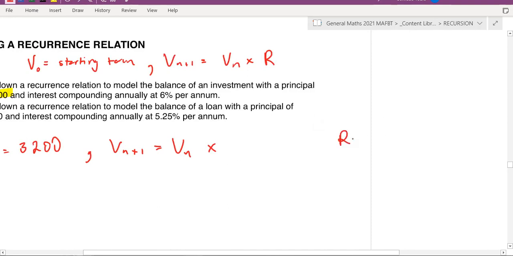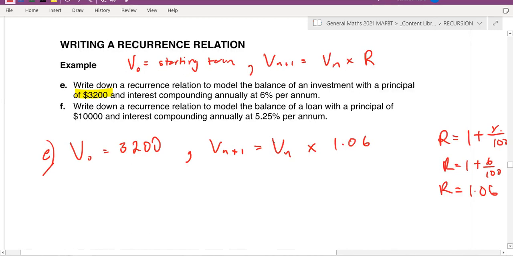So the R rule, remember, is 1 plus percentage over 100. So R equals 1 plus 6 over 100, and that will equal 1.06. There's my recurrence relation.